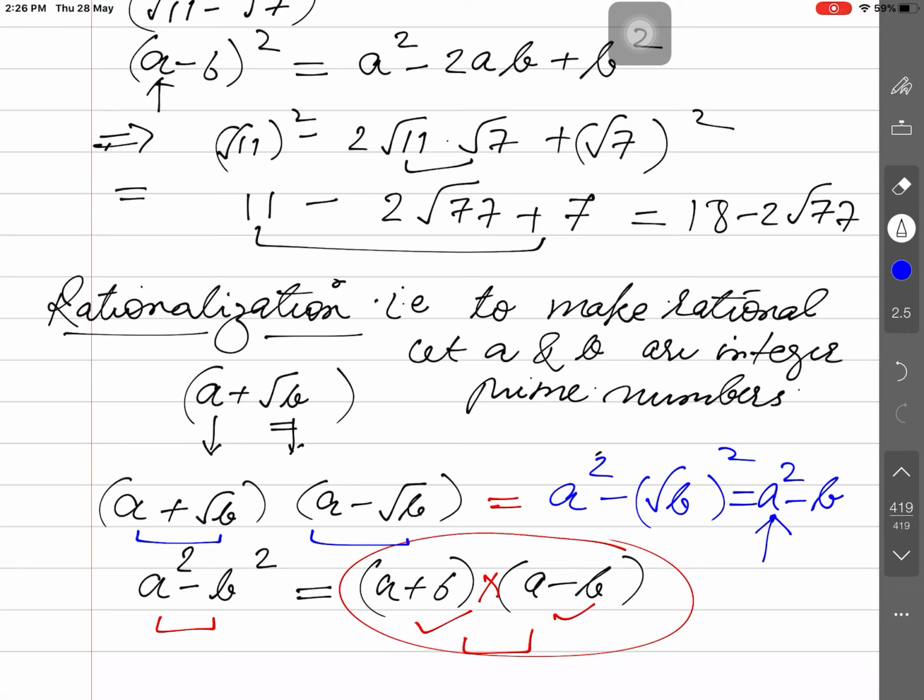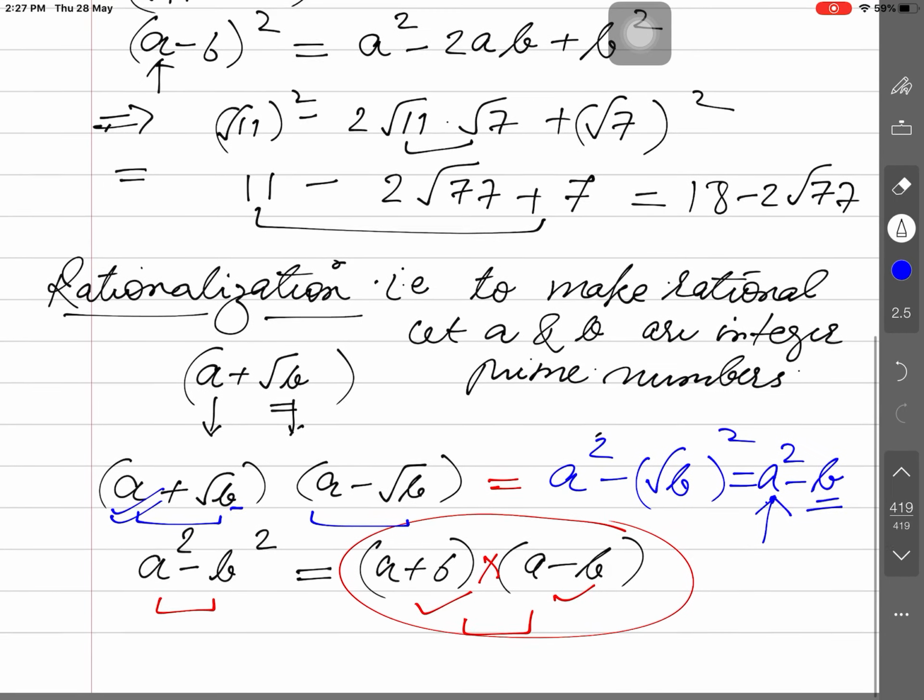What is a? Here a is a rational number, and a square will be an integer. The b in the term was under a root, an irrational number, but here it now becomes rational.